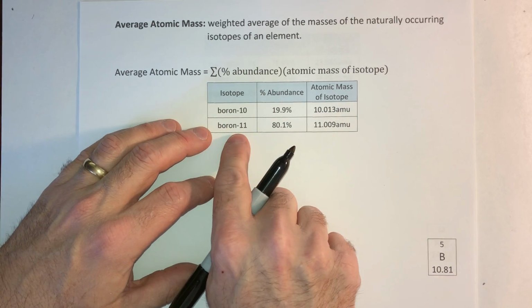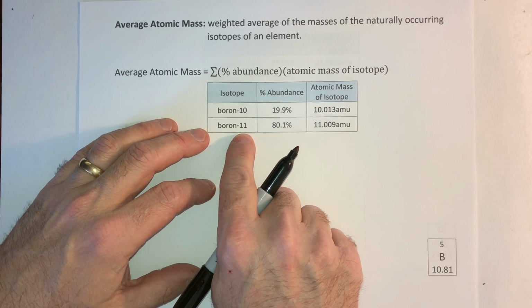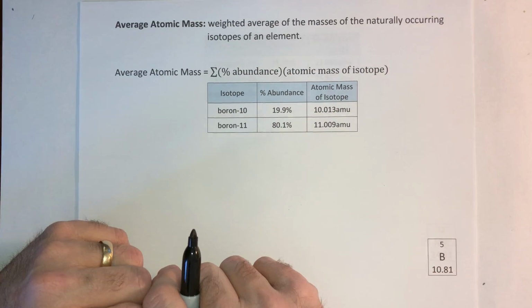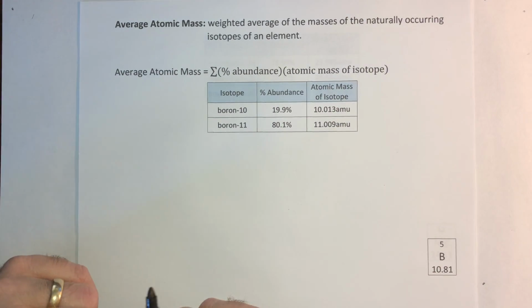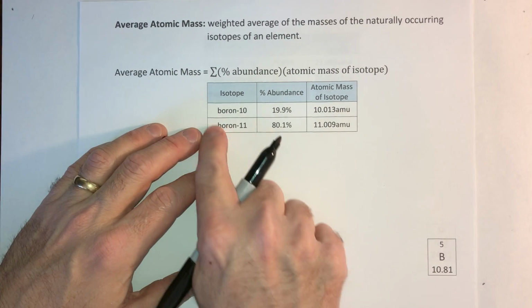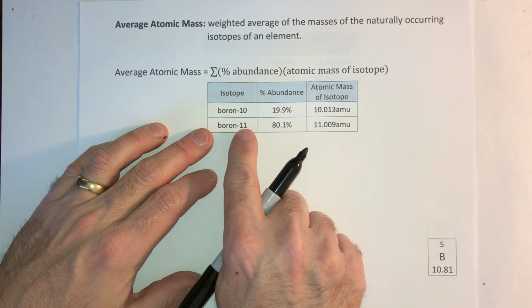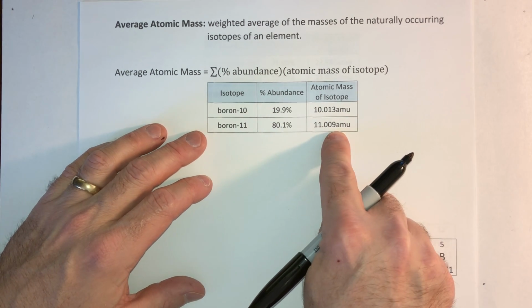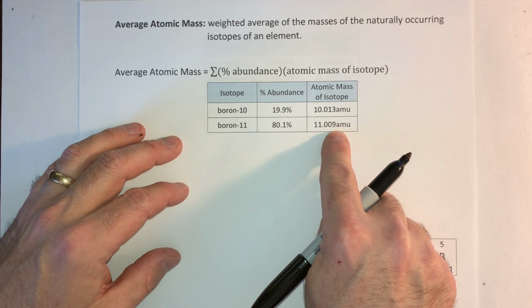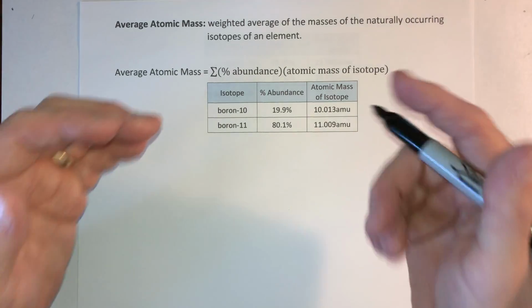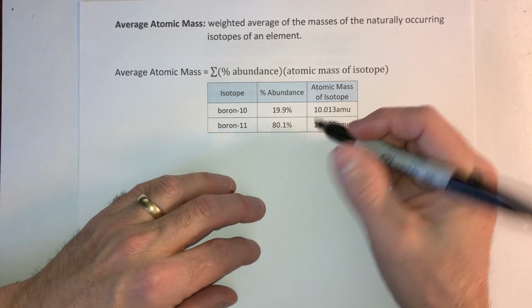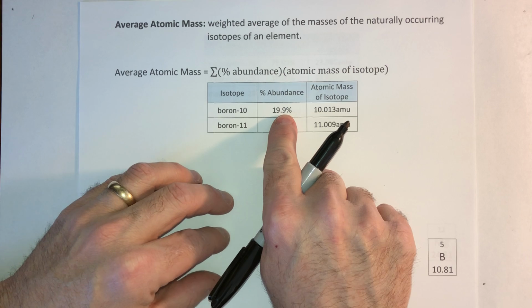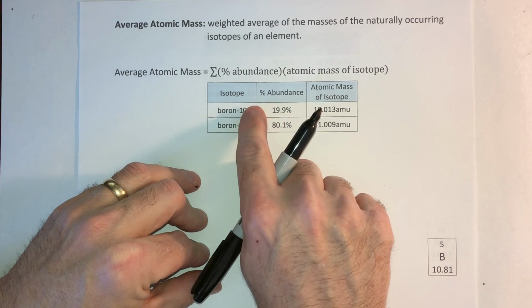But you can also have boron-11s, right? A boron-11 has 11 protons and neutrons. It has 1 extra neutron. So if I were to weigh this, because you have 11 protons and neutrons, it's going to weigh roughly 11 atomic mass units. Percent abundance. 19.9% of all borons that you see are boron-10.